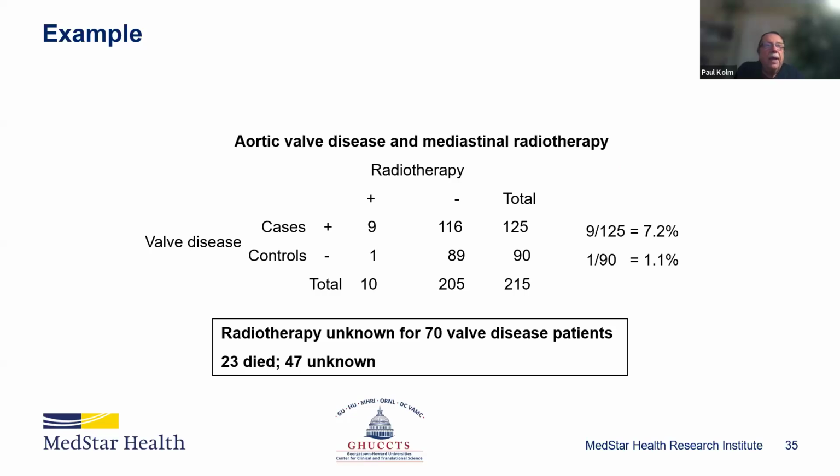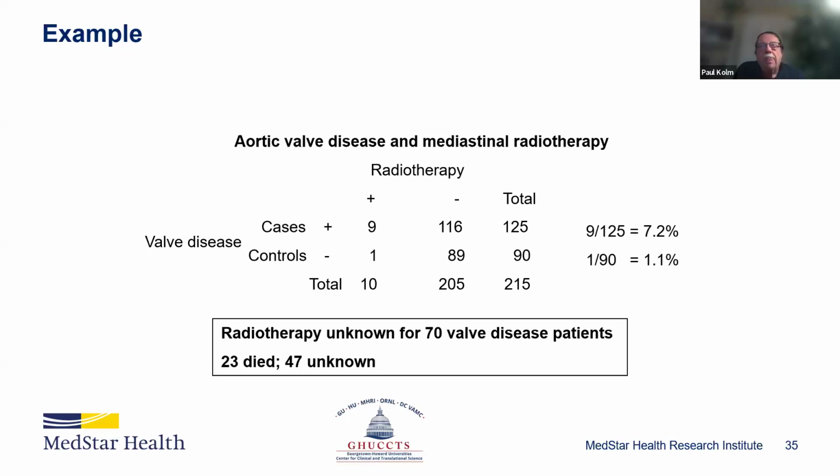And so we have aortic valve disease, and then whether they've had radiotherapy, either yes or no, and there are cases that have the valve disease and controls that don't have the disease.